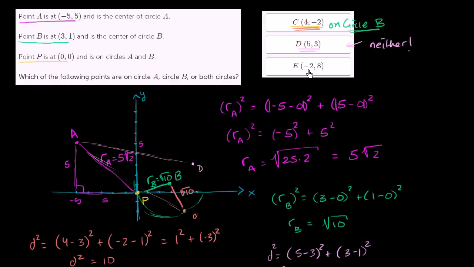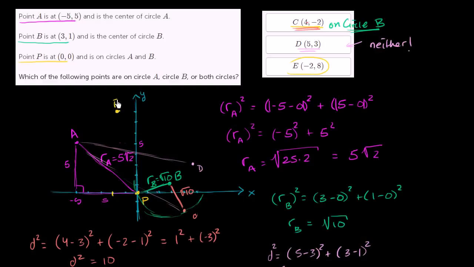Now finally, we have the point negative 2, 8. I'm running out of colors. I guess I'll use yellow again. Negative 2, 8. So that's negative 2, 1, 2, 3, 4, 5, 6, 7, 8. So it's right over here.